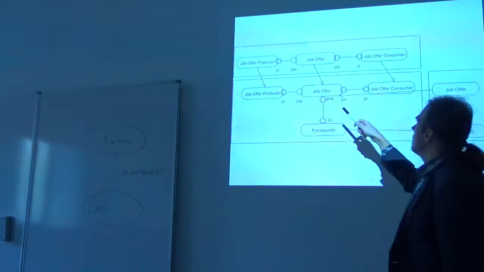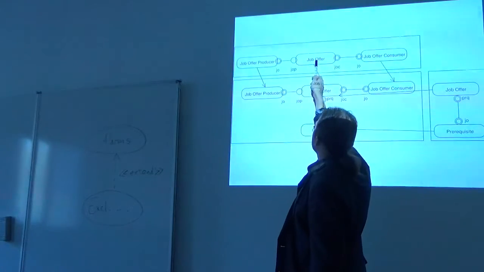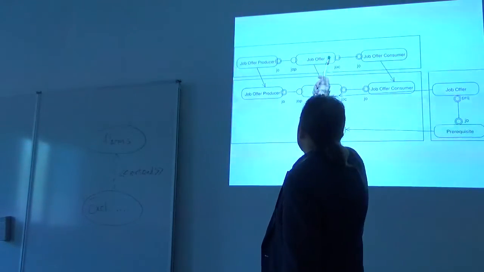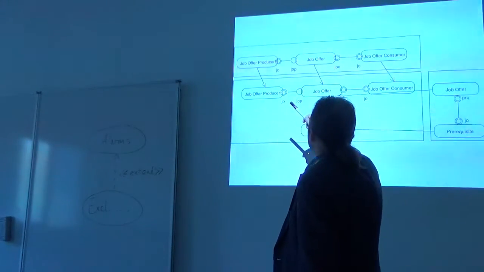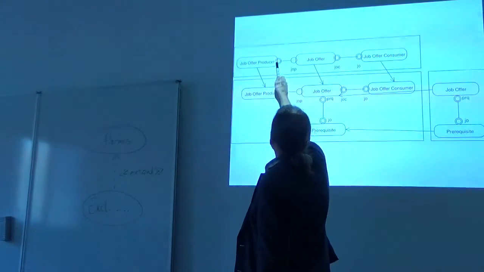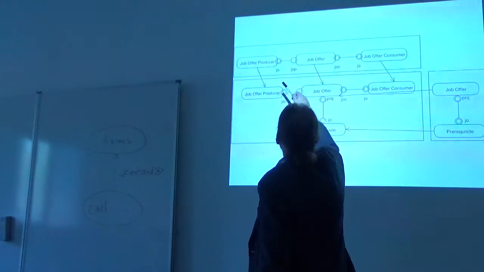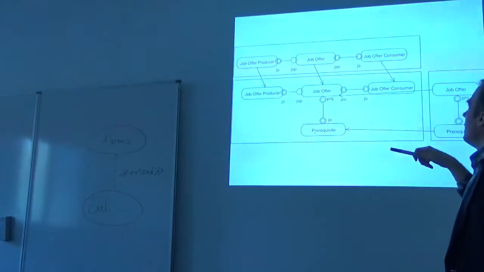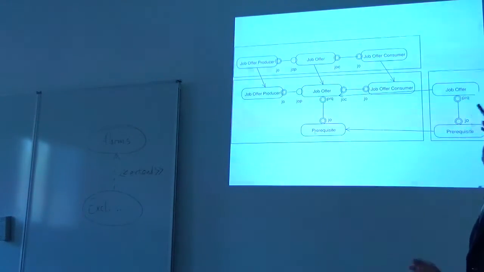And these circles actually mean multiplicity, reversed from the opposite way that we are used to. So a job offer producer might produce many job offers, and this is a many-to-many relationship, so it's easy. And these circles actually represent interfaces in this notation, but it's not important at the moment.